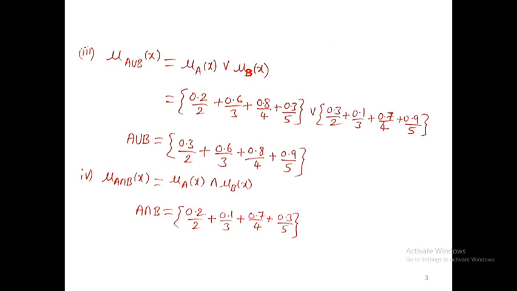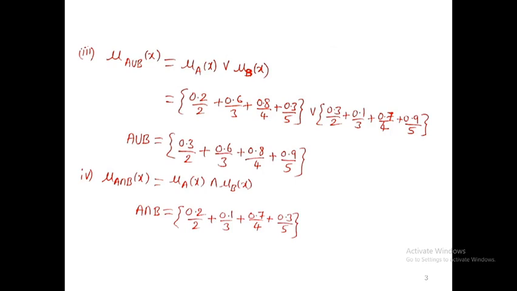In the B set you have 0.3 by 2, right? Which is more? 0.3 is more. So you need to consider 0.3 by 2 plus, in the first set again you have 0.6 by 3, in the second set 0.1 by 3. Which is more? 0.6 is more. When you are going for union, you need to take the more common portion, the higher values. 0.6 is more than 0.1, right? That's why 0.6 by 3.